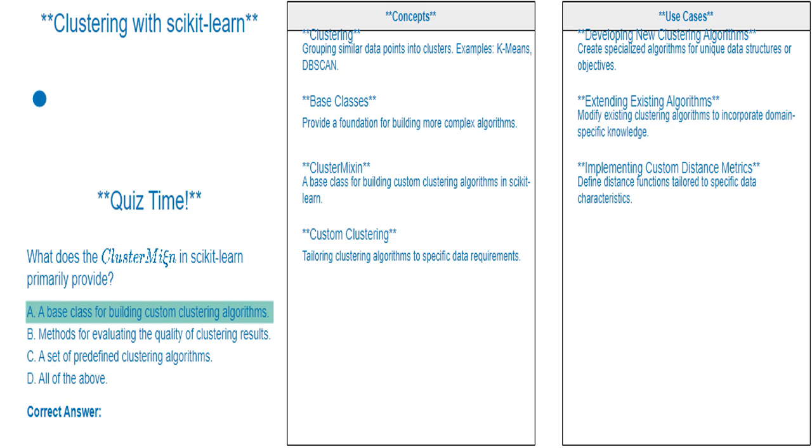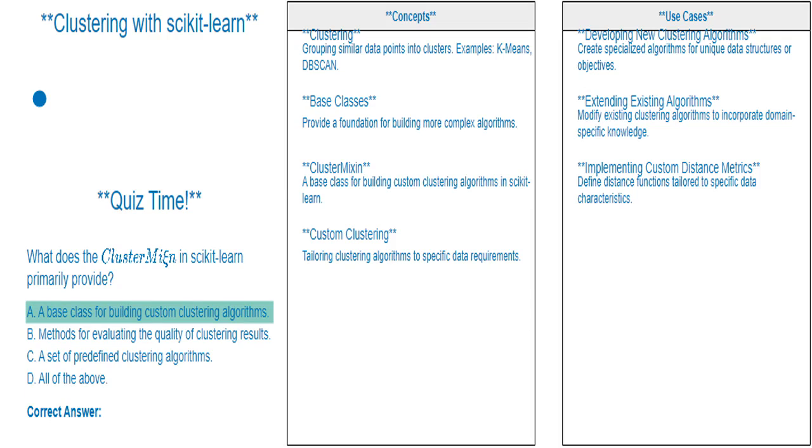The cluster mixin enables you to create entirely new clustering algorithms tailored to unique data structures or objectives. You might create a new clustering algorithm that is particularly suited for handling very large datasets with high-dimensional data points.